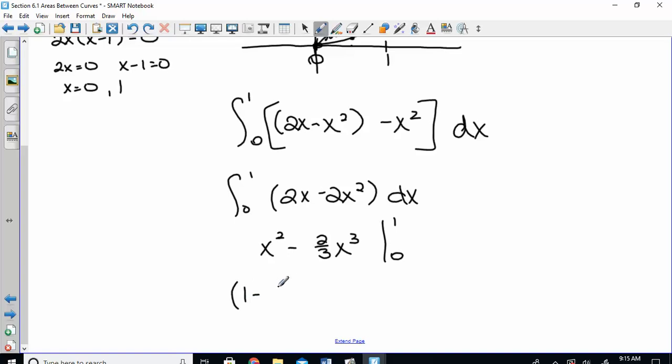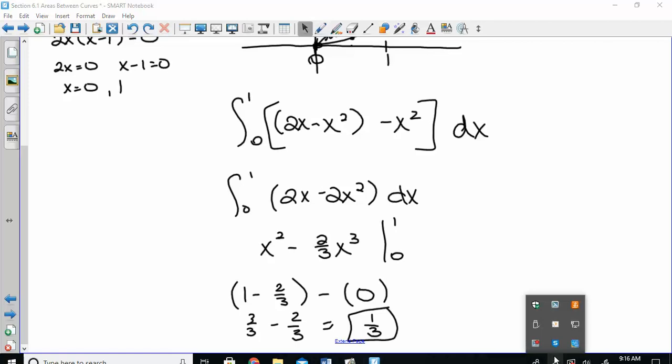We plug in a 1: 1 squared is 1, and 2/3 times 1 is 2/3. With 0, you get 0 minus 0. So 1, that's like 3/3 minus 2/3. So we get 1/3.